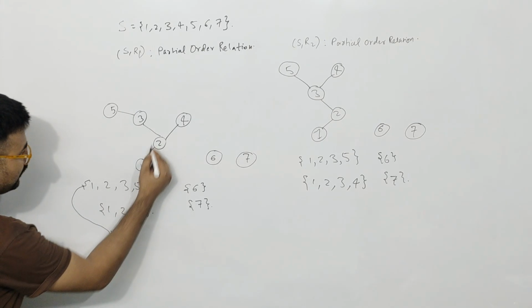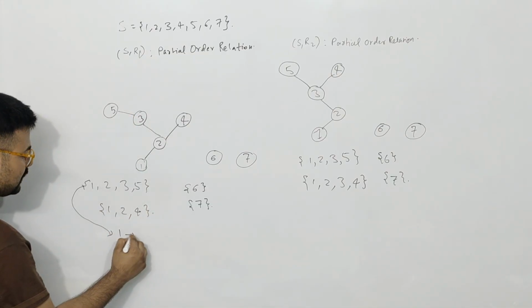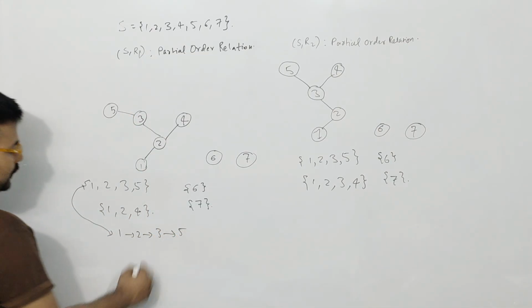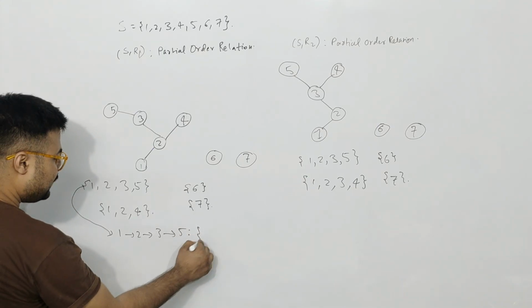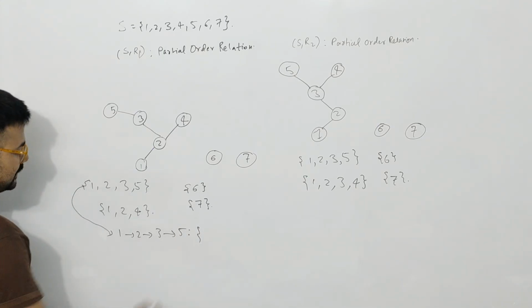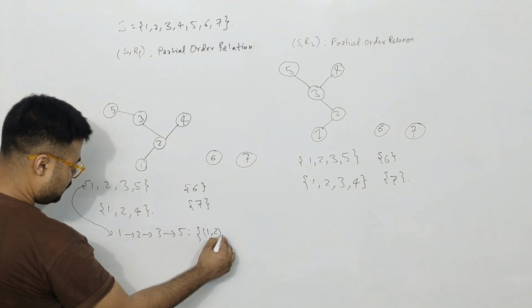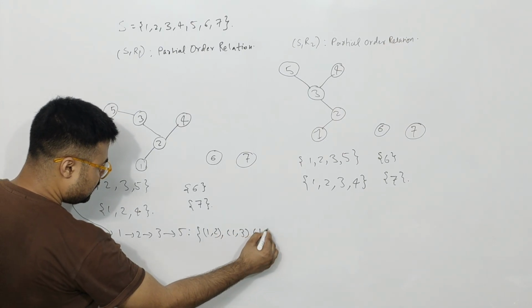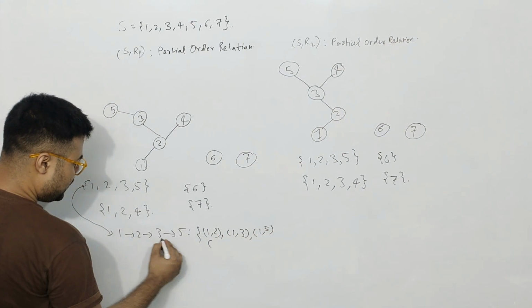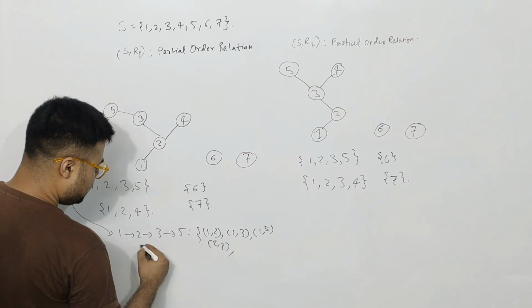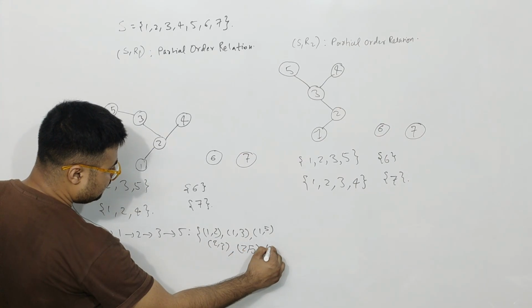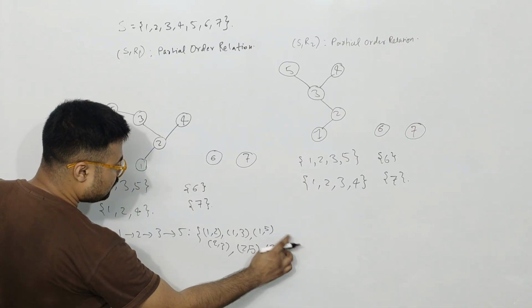So ordering is 1 2 3 5. This is the ordering. So the non-reflexive pairs that they contribute are 1 and 2, 1 and 3, 1 and 5, 2 and 3, 2 and 5, 3 and 5. Okay.